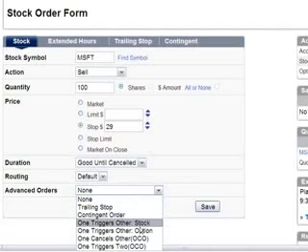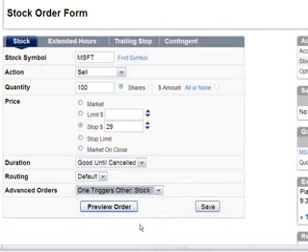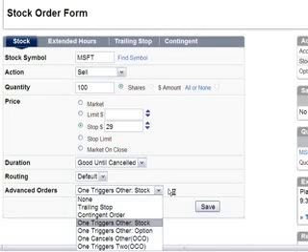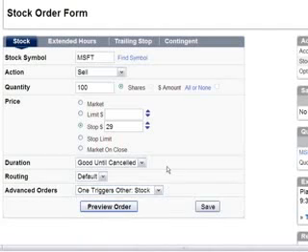Okay, let me show you now why we would use this one triggers other stock. Let's say, for example, you bought the shares at $32. The idea behind one triggers other stock is you can link your stop loss to your buy order.